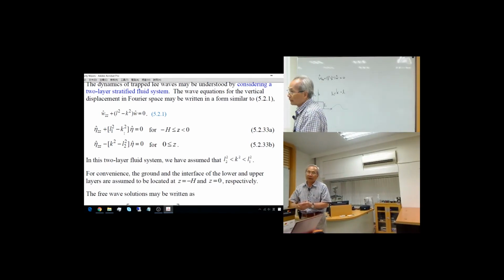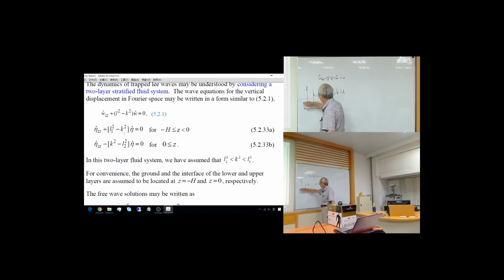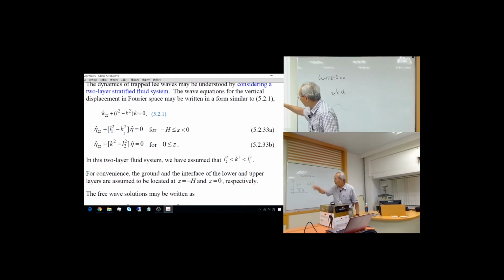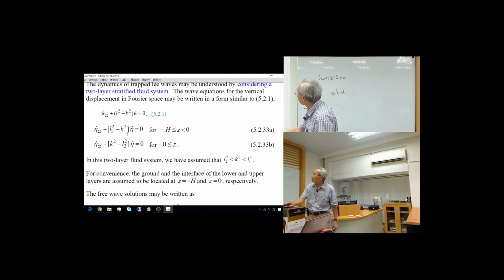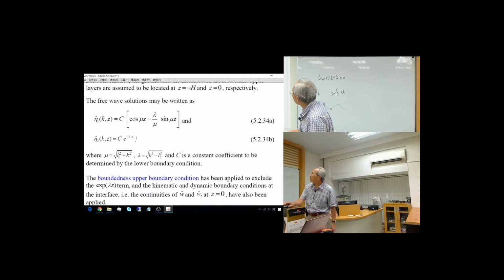That gives us some convenience in mathematics; the basic dynamics is the same. If you want, you can still stick with the original coordinates, with 0 at this level and H here, but now we set 0 here and negative H. So now we have these two governing equations, and we can solve them. Eta 1 hat equals this; these are free waves.